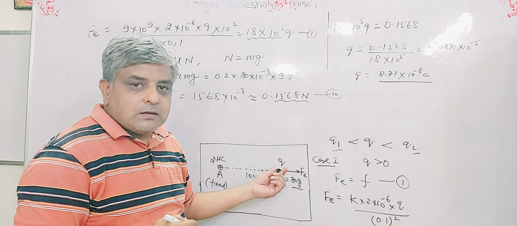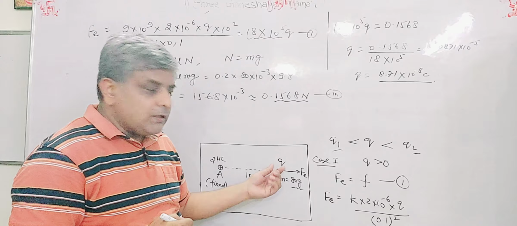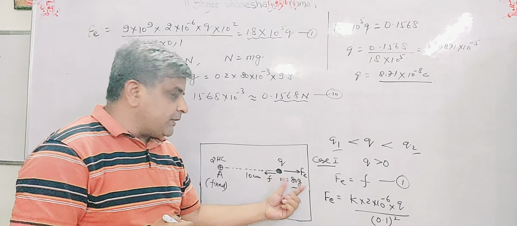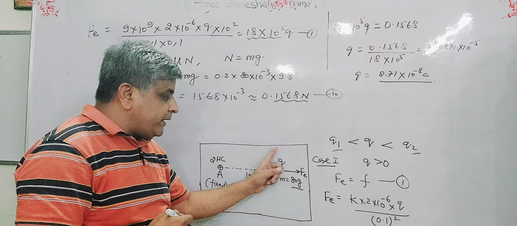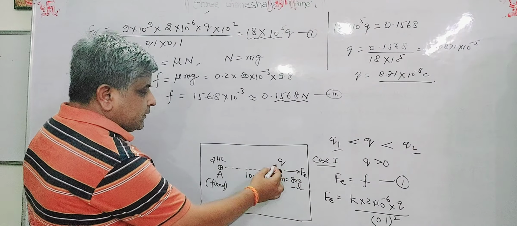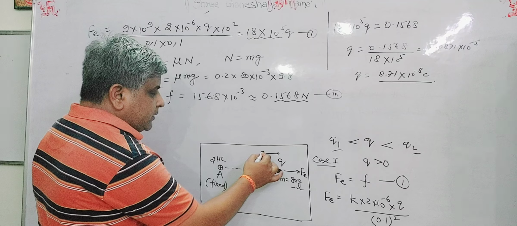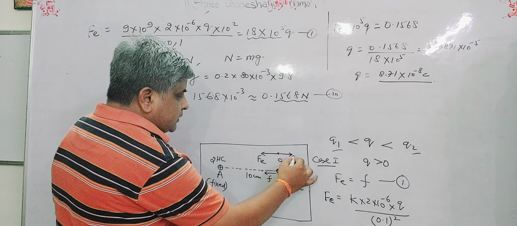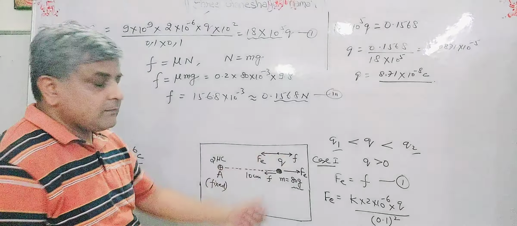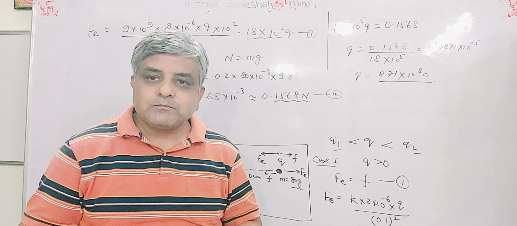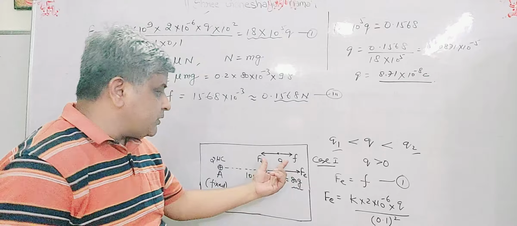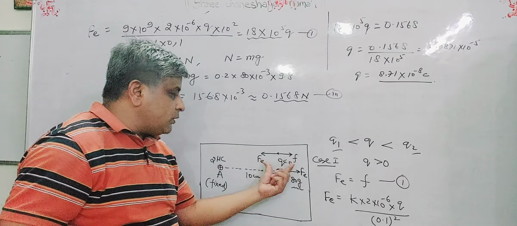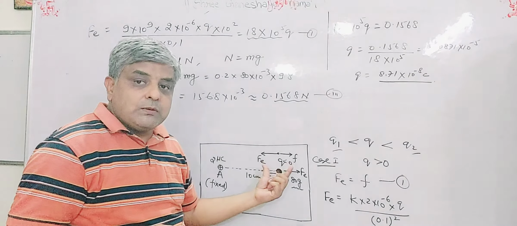If it is negative, what would happen to these forces? Only the directions will be interchanged. Suppose it is a negative charge, then the electrostatic force will be towards this fixed charge, and the friction will be in the opposite direction. This situation will just interchange if it is a negative charge. If Q is negative, then the diagram will be like this, but the value will be the same.